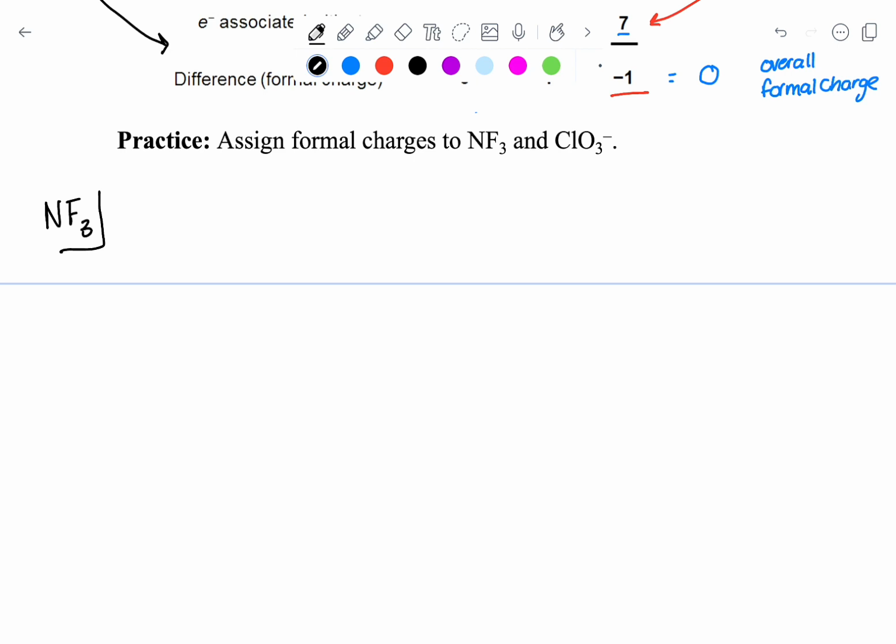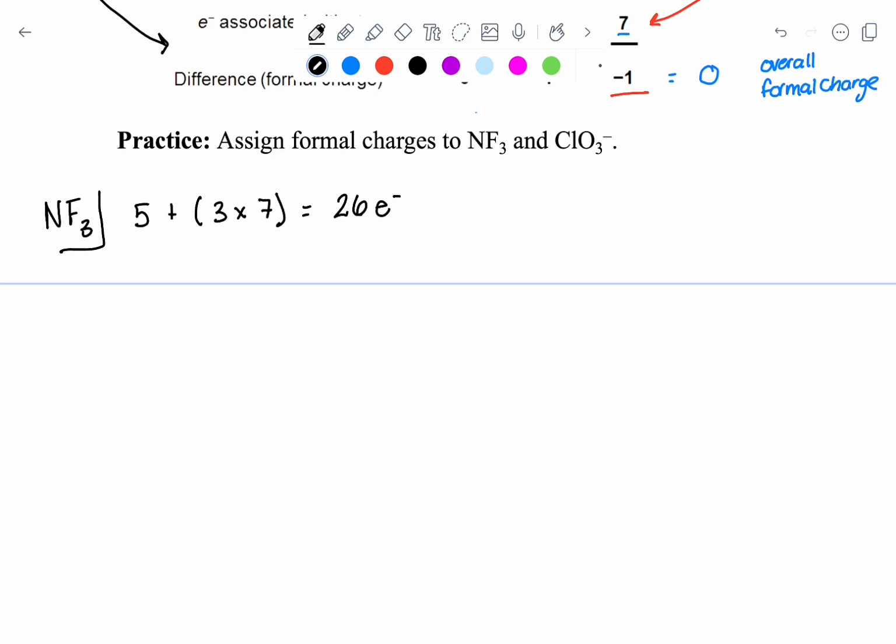So nitrogen has 5 valence electrons because it's in group 5. Fluorine, there's 3 of them, and they each have 7 valence electrons because it's in group 7A. So in total we have 26 electrons to put into this molecule.